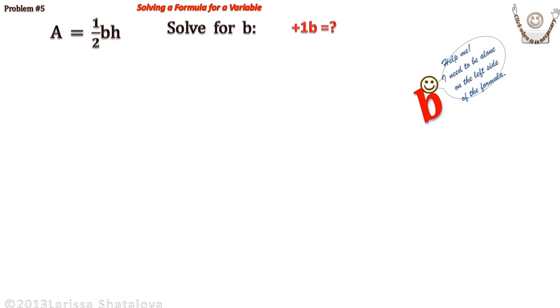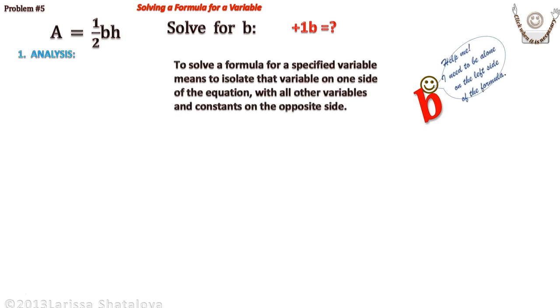As you remember, to solve a formula for a specified variable means to isolate that variable on one side of the equation with all other variables and constants on the opposite side. So I copy this formula and I color in red variable b to see more clearly which variable is supposed to be by itself on the left.